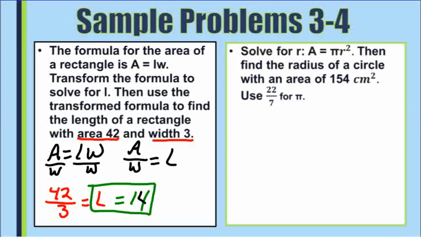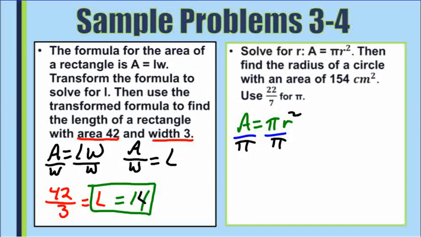Sample problem 4, solve for r. Area equals pi r squared. Then find the radius of a circle with an area of 154 square centimeters. Use 22/7 for pi. So we're going to solve for r first. So area equals pi r squared. To get r squared by itself, I divide by pi.